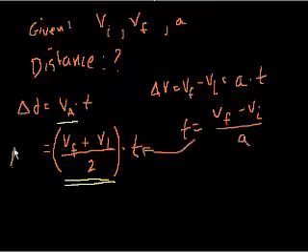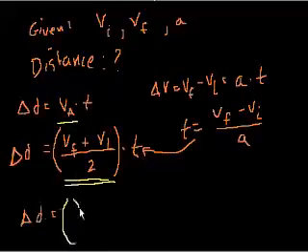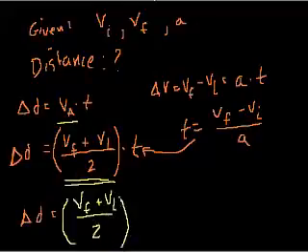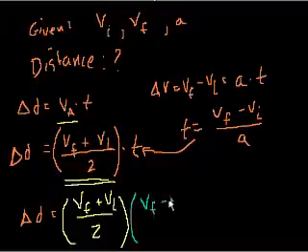And remember, this is all change in distance. So you say change in distance is equal to, let me write this term in yellow, Vf plus Vi over 2. And let me write this term in green. So that's times Vf minus Vi over a.